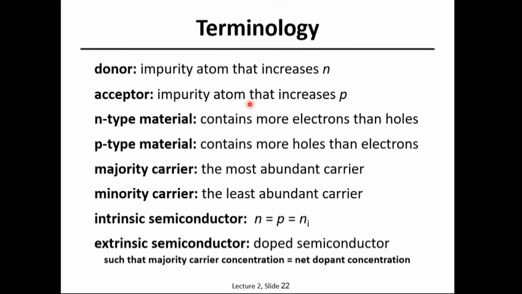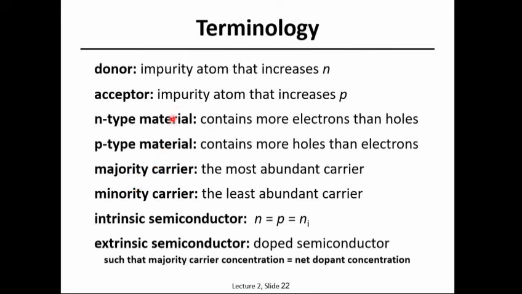An acceptor is an impurity atom that increases P. N-type material contains more electrons than holes, and P-type contains more holes than electrons. Later on, we will say majority carrier and minority carrier.